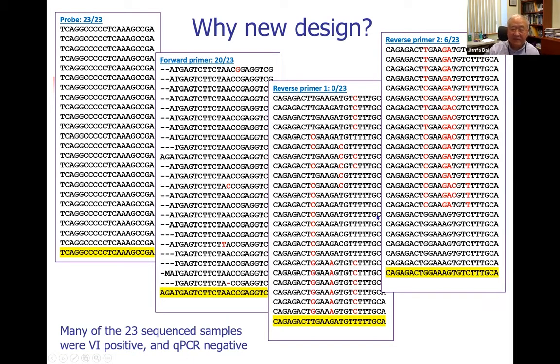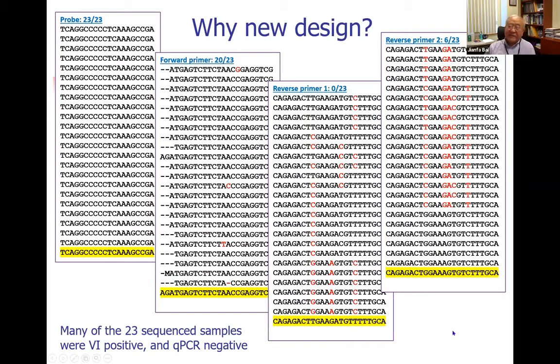So we sequenced them. The yellow highlighted are the primers and probe, and the not highlighted are the samples. The probe is really good, the forward primer is good, and the reverse primers have two. Both are missing, with some mutations as indicated in red. That's why the PCR is not working.